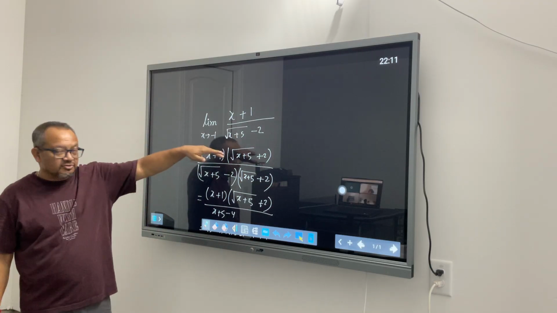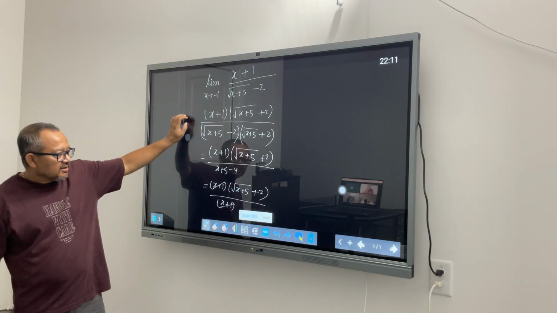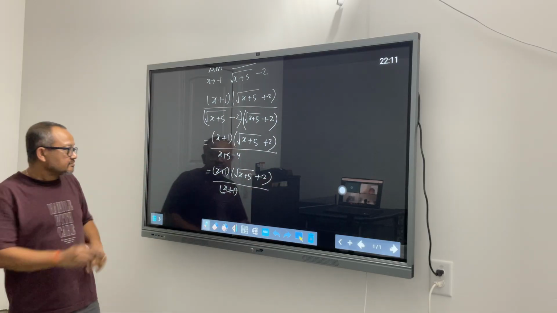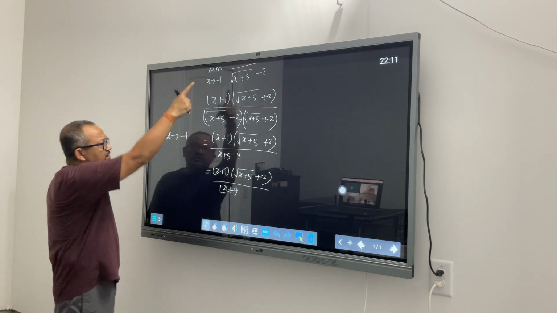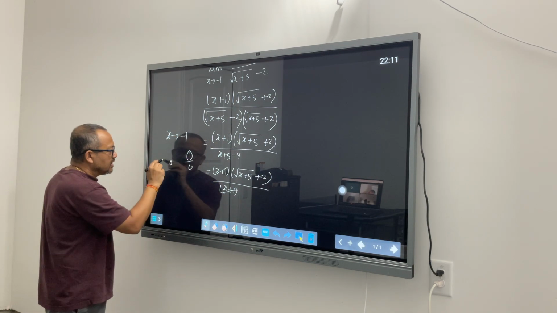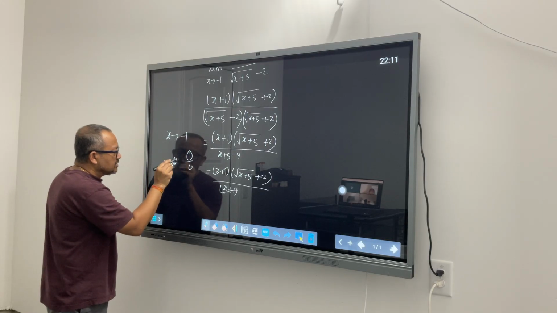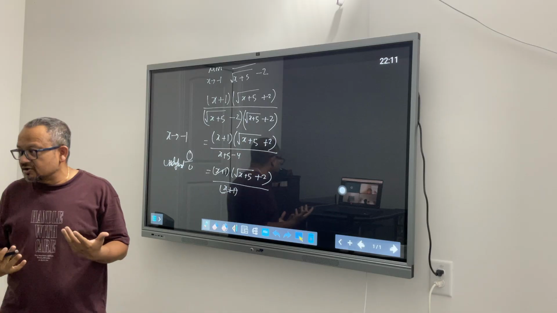So 0 by 0. That's why we are doing all this circus and drama to simplify it. Because we have silently acknowledged that when x approaches minus 1 for this function, it is becoming undefined, 0 by 0. So we are just trying to see what is the limit that we are leading towards.